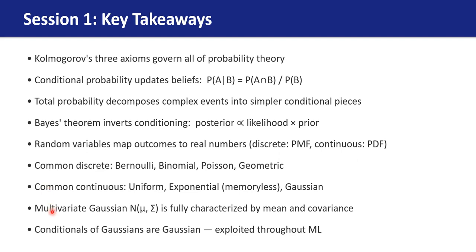The multivariate Gaussian, N of mu, sigma, is described by its mean vector and covariance matrix. Its marginals and conditionals are also Gaussian. If you remember only 2 things, Bayes' theorem and the multivariate Gaussian support most of modern probabilistic machine learning.